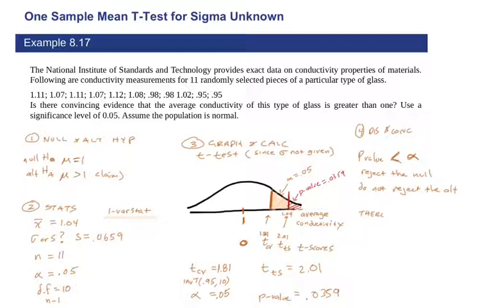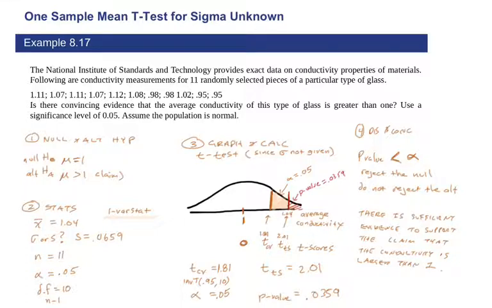In this case, since the alternative is my claim, those are one and the same, we do not reject that. So we're going to say there is sufficient evidence to support the claim that the conductivity is larger than 1.